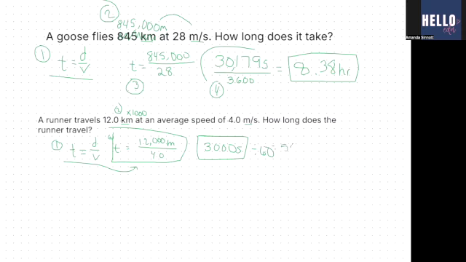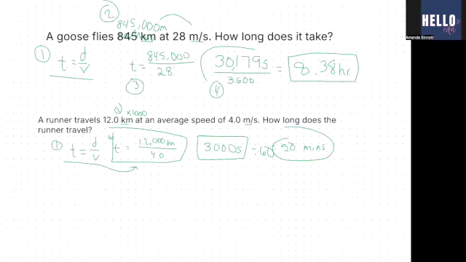Both are correct. It really depends on what the question is asking. All right, so notice this pattern here. We look at the information we have in the problem and what we're looking for, and then we find our formula. Then we make sure our units match, and then we solve it.